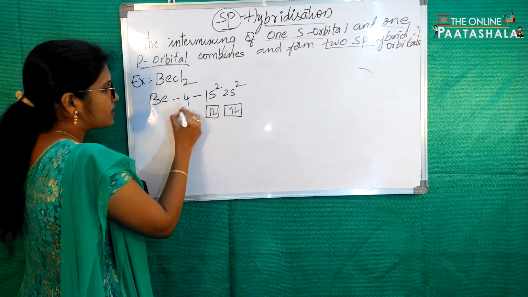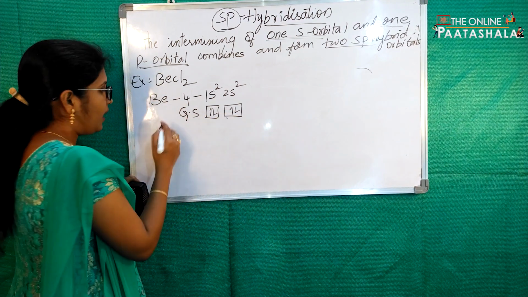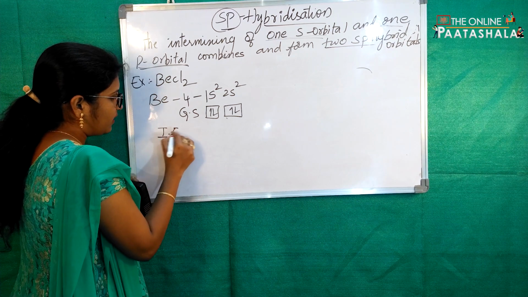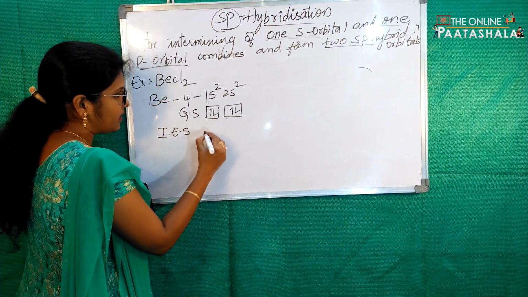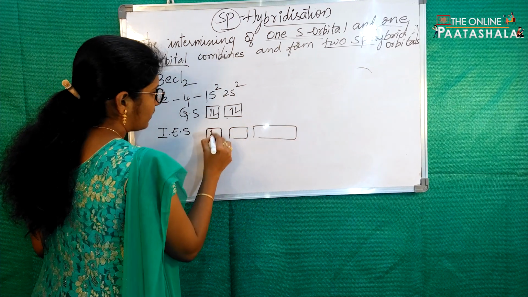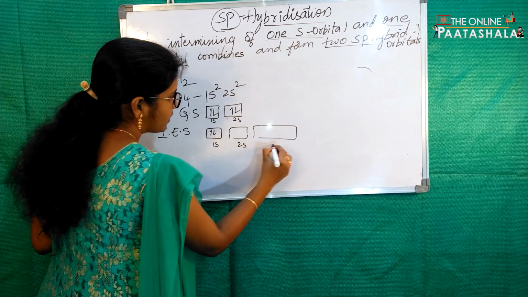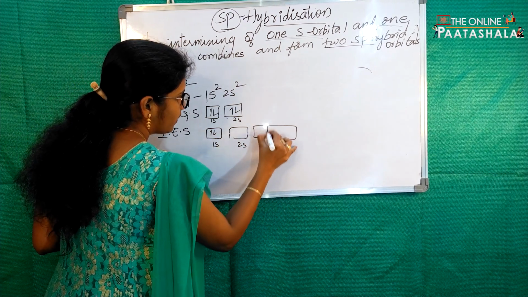Now, this is the ground state. Here the s orbital is present but there is no p orbital. By applying energy, first excited state, this is 1s, this is 2s and this is 2p.